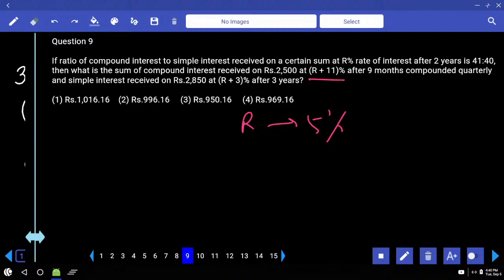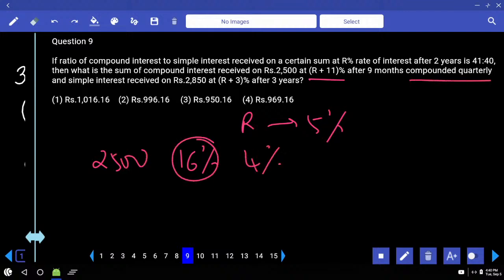Therefore R plus 11 is 16%, on 2500. Compounded quarterly means 4% per quarter. How many quarters? 9 months means 3 quarters. So 2500 at 4%. What is 4%?